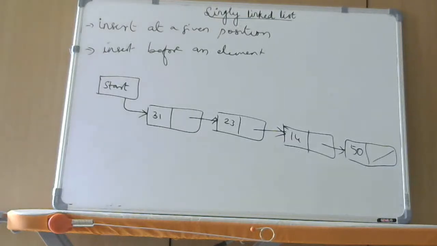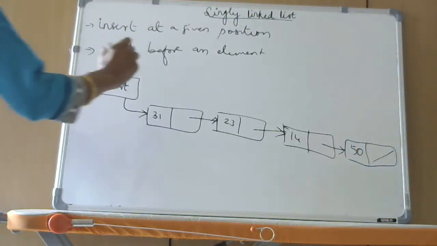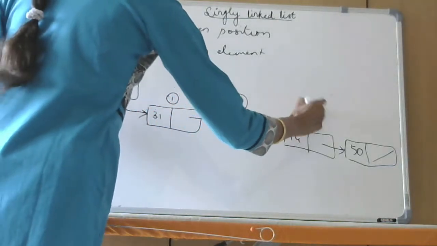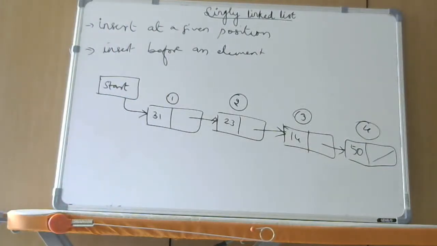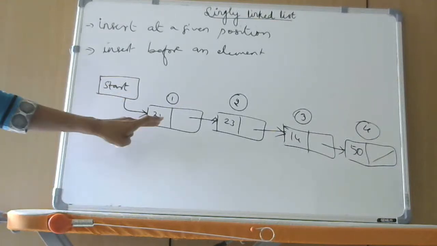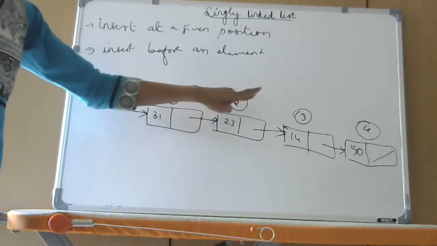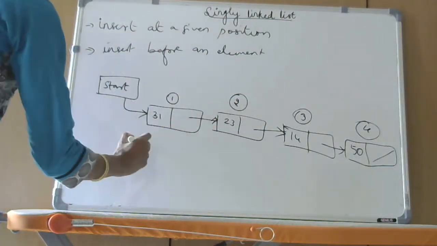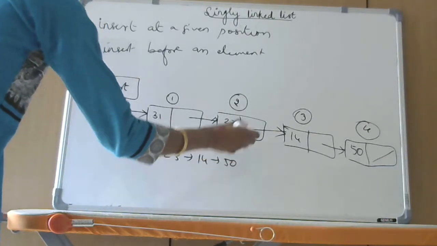Now, when I say insert at a given position, this is the first node, this is the second node, the third node and the fourth node you have. Now when I say insert at a given position, suppose I say 2. I am not taking these data elements, but I am going to give the positions. When I display my linked list, it will display like this: 31, 23, 14, 50. This is how it displays.